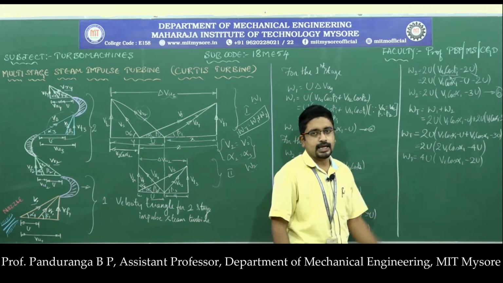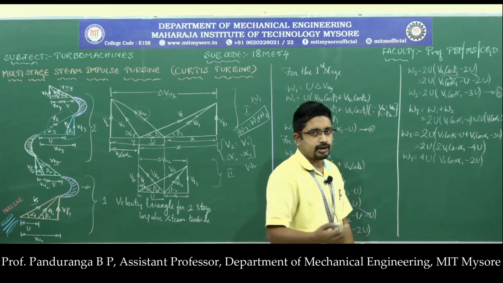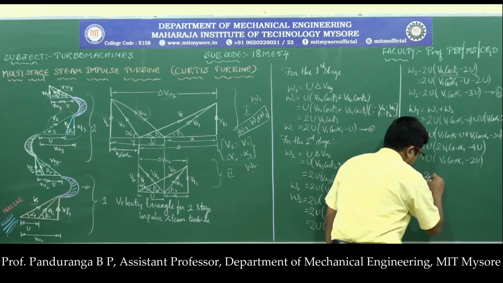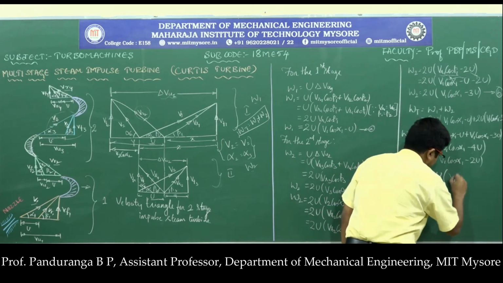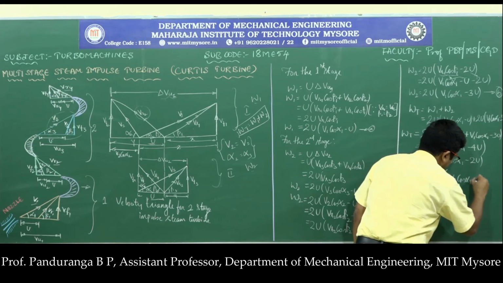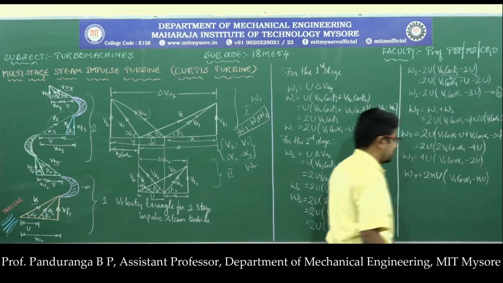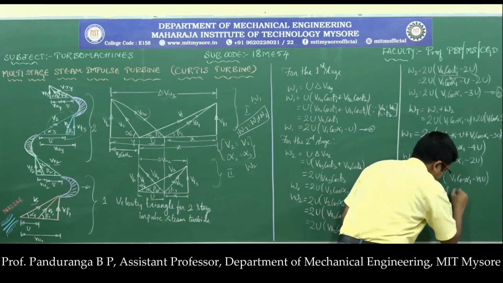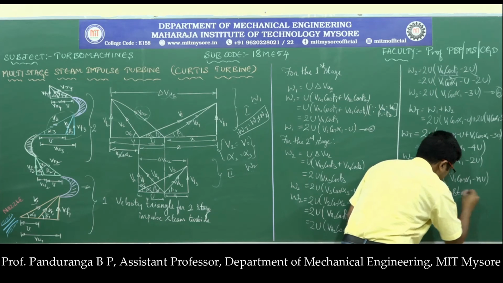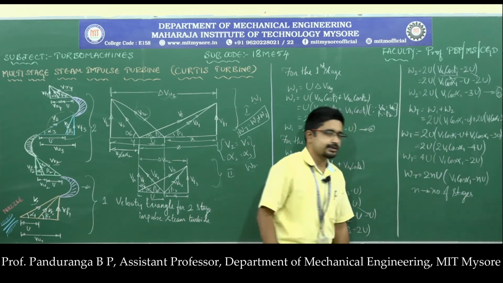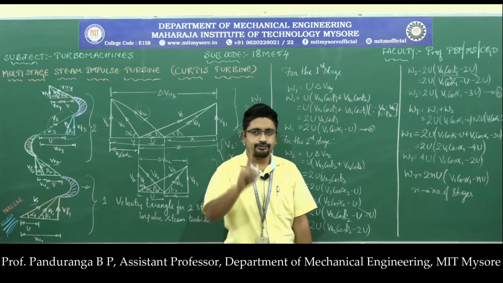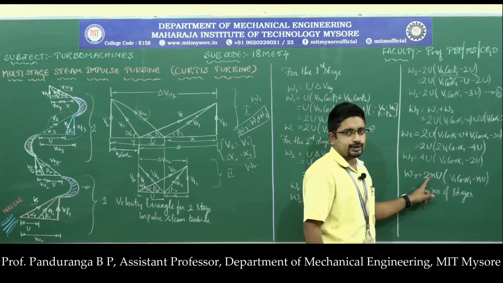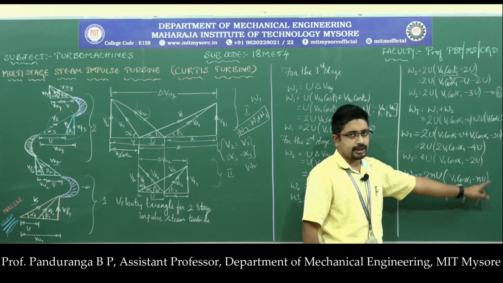This is for 2 stages, and if I want to write the general work done equation, then Wt can be written as n into u into V1 cos alpha 1 minus n into u, where n represents the number of stages. If we have only one stage, then if I replace n by 1, I will get 2u into V1 cos alpha 1 minus u.